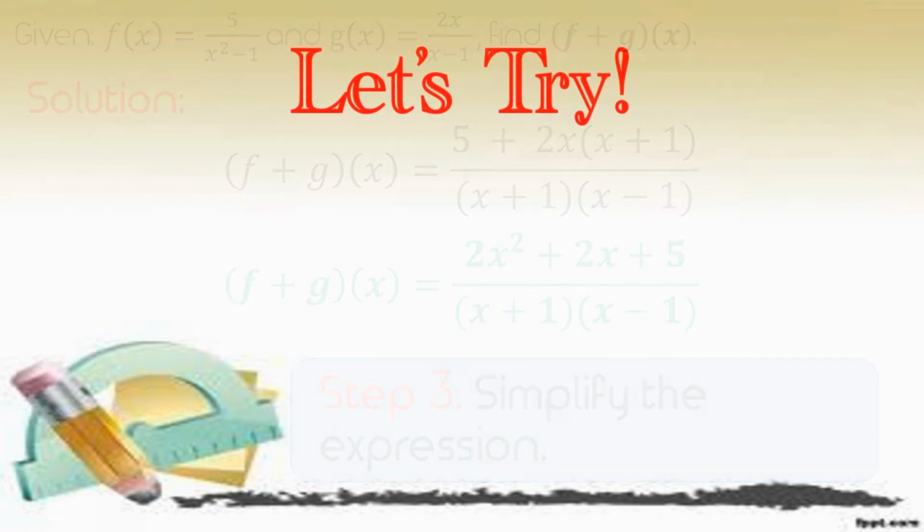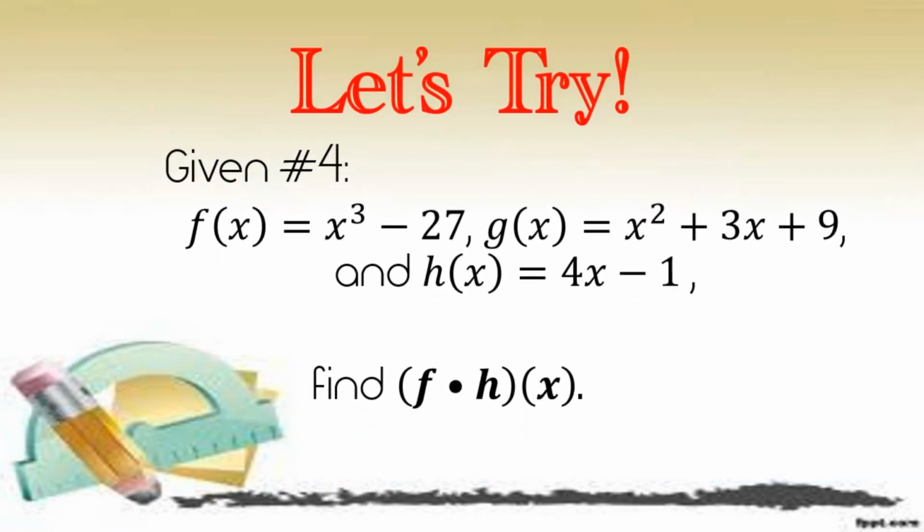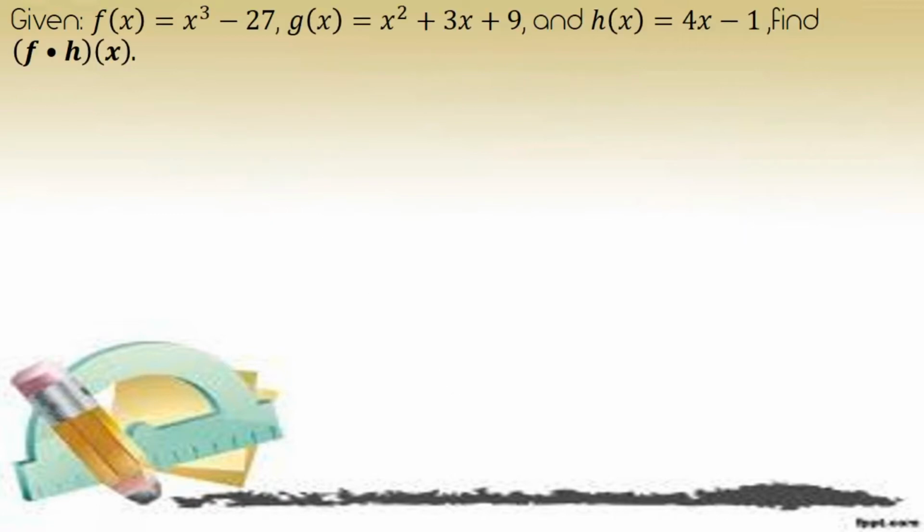To proceed with the next example, our given is f of x is equal to x cubed minus 27, g of x is equal to x squared plus 3x plus 9, and h of x is equal to 4x minus 1. We're going to find f times h of x.